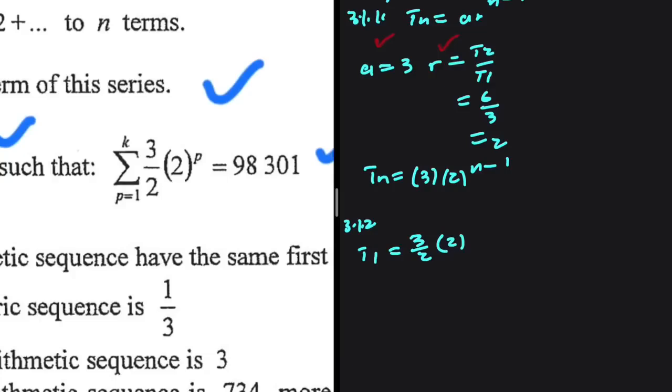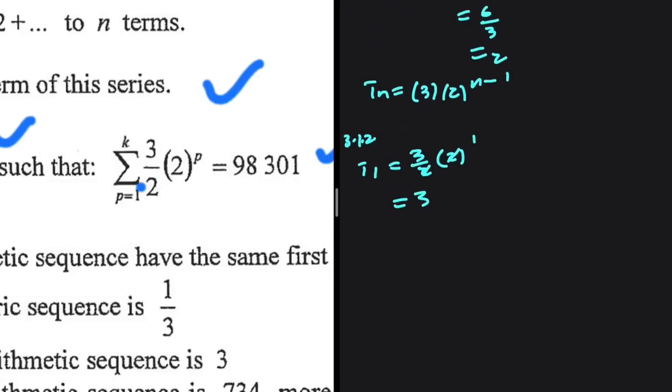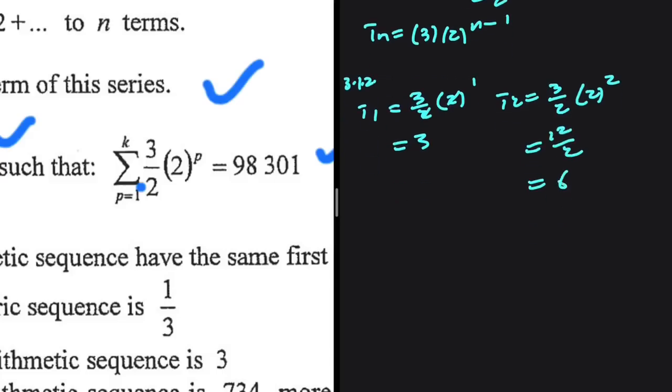P is starting at 1, right? So when p is equals to 1, we're going to have 2 divided by 2, so T1 is equals to 3. And then T2, we're going to have 3 divided by 2, and then 2 to the power 2. 2 to the power 2 is 4, so we're going to have 4 multiplied by 3, which is 12. 12 divided by 2 is 6, so that is T2.